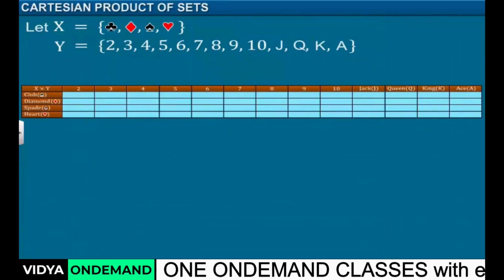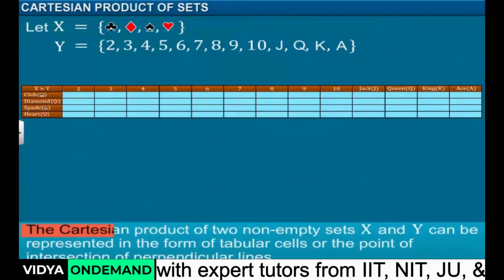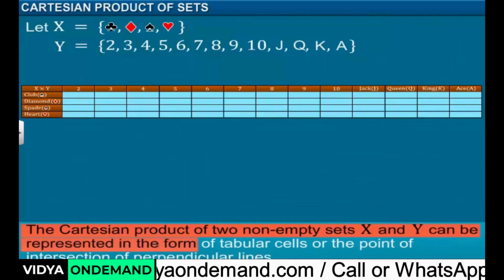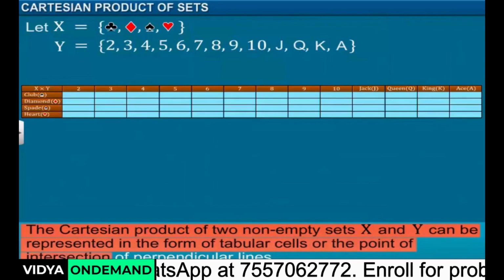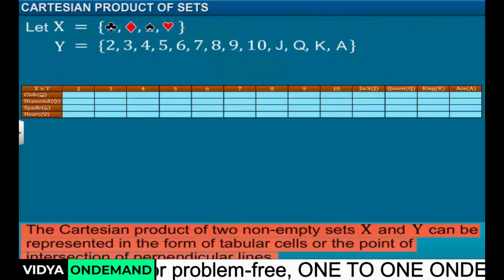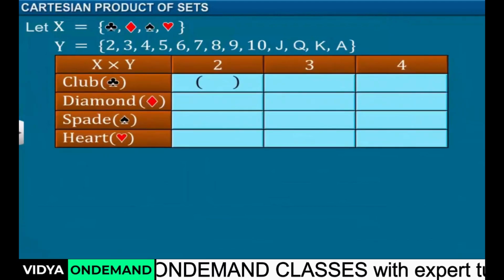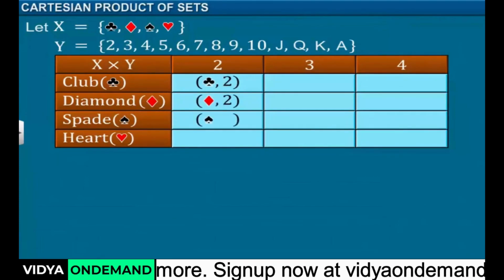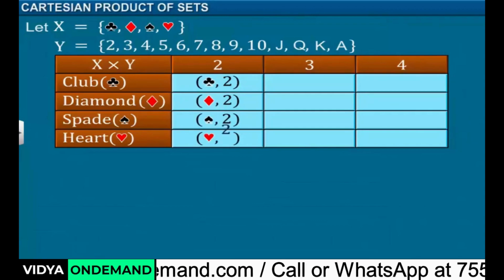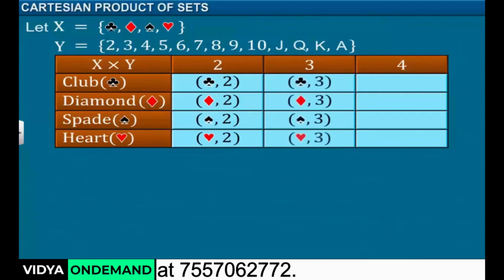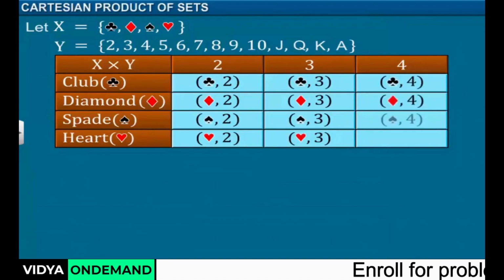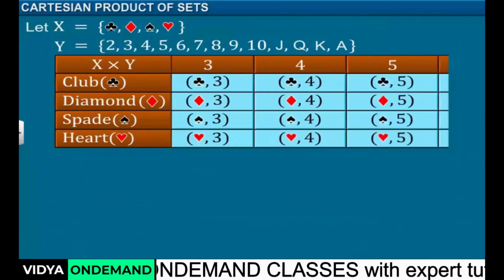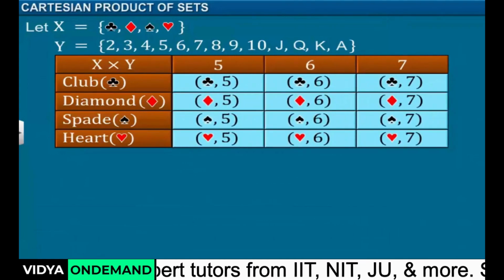The Cartesian product of two non-empty sets X and Y can be represented in the form of tabular cells or the point of intersection of perpendicular lines. In this case, the Cartesian product of sets X and Y will result in the set of all 52 playing cards as shown in the tabular form.